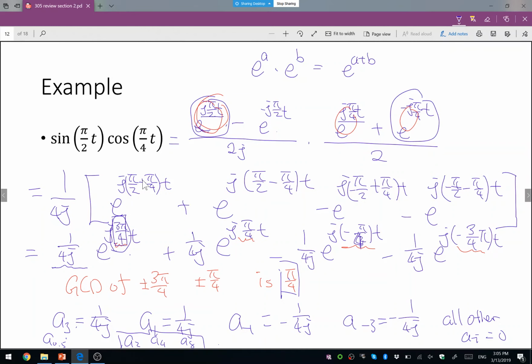A series means you get a series of numbers in the frequency domain, A1, A2, A3, and that's all you want. The final answer is A3 equal to A1 equal to, and all other A's equal to 0.